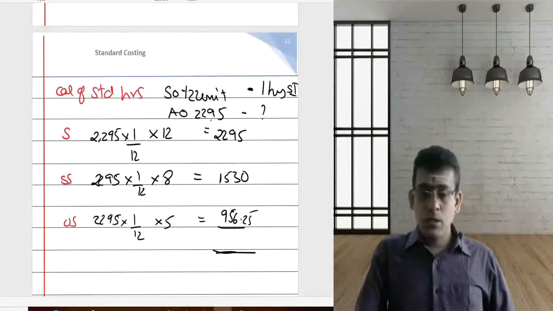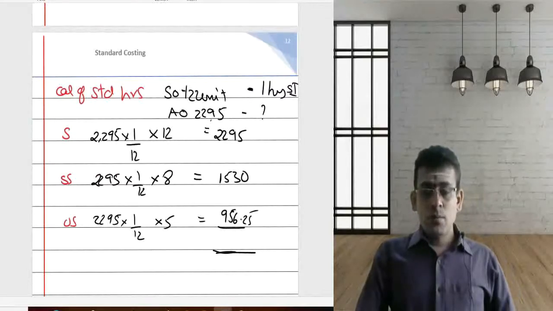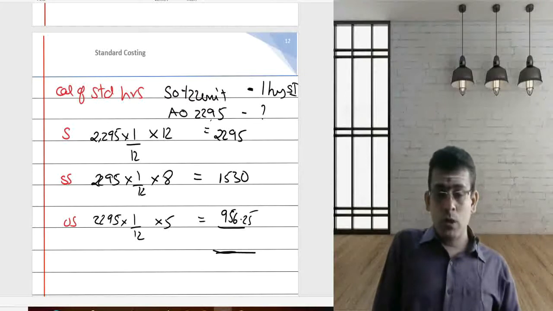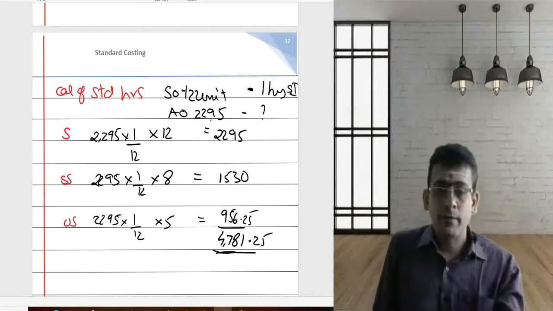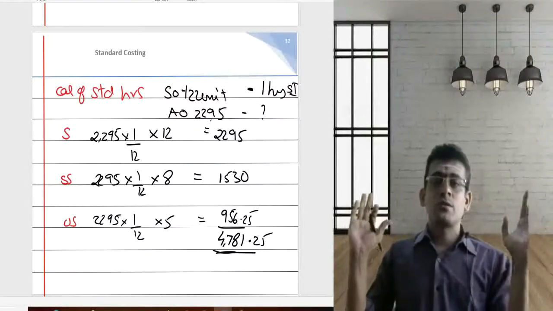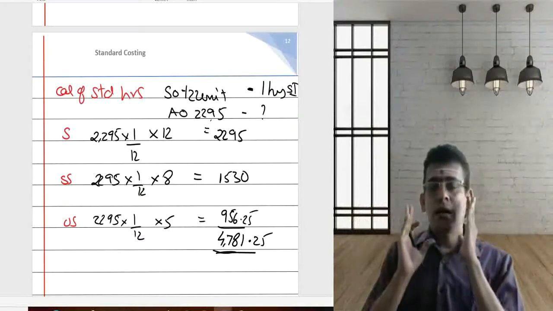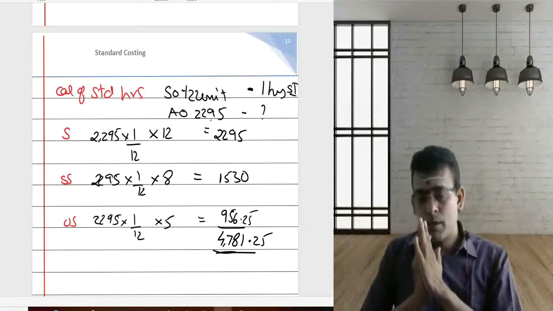Now what is the total? 2295 plus 1530 plus 956.25. That is going to give you 4781.25. That's it. So you will be getting 4781.25. That is what is called the standard hours for actual output.